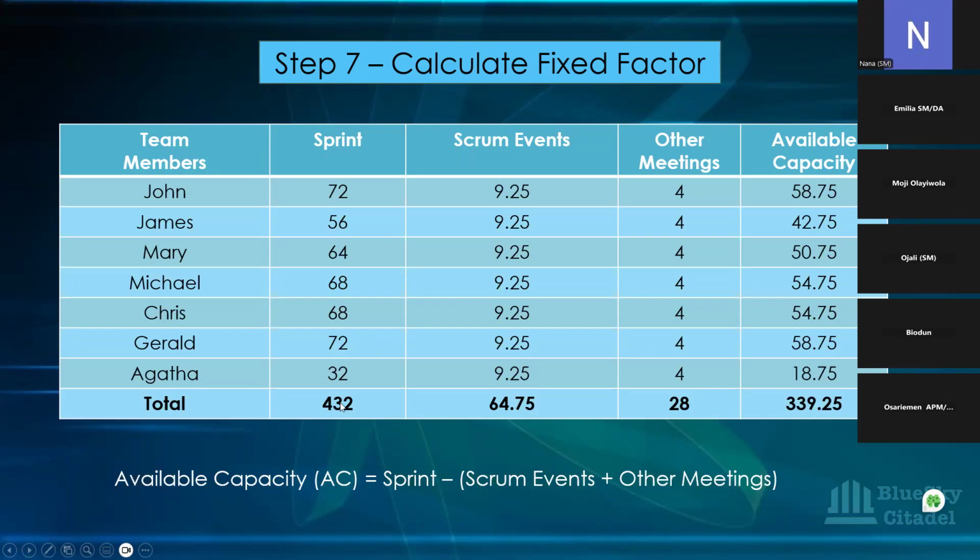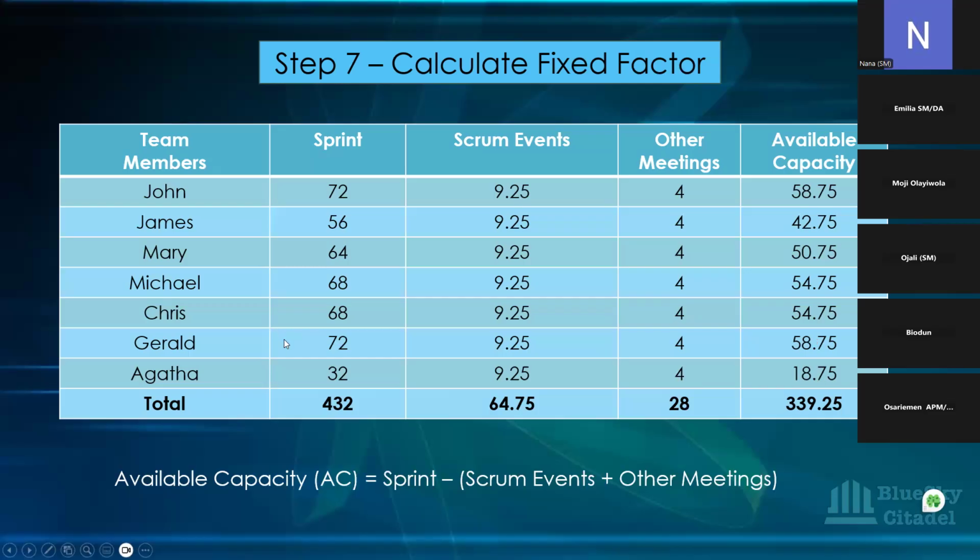Now, to get the team's available capacity, we need to remove the hours for the Scrum ceremonies and other meetings. So you're deducting these 9.25 and 4 hours from everybody's time. And this is what you get at the end of that for everyone.